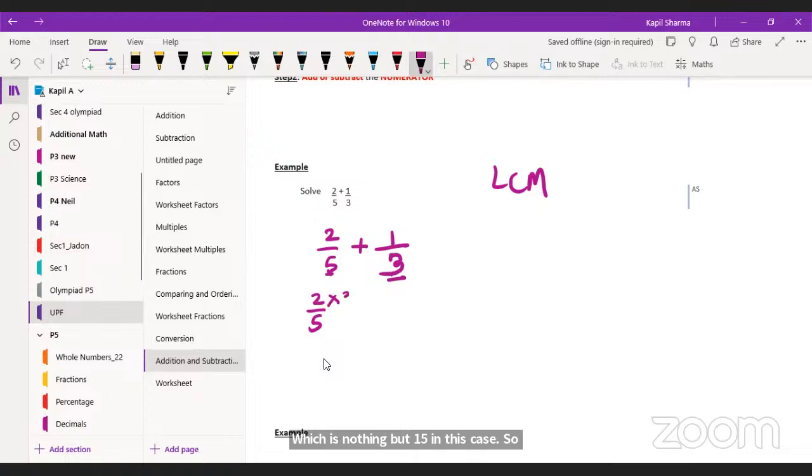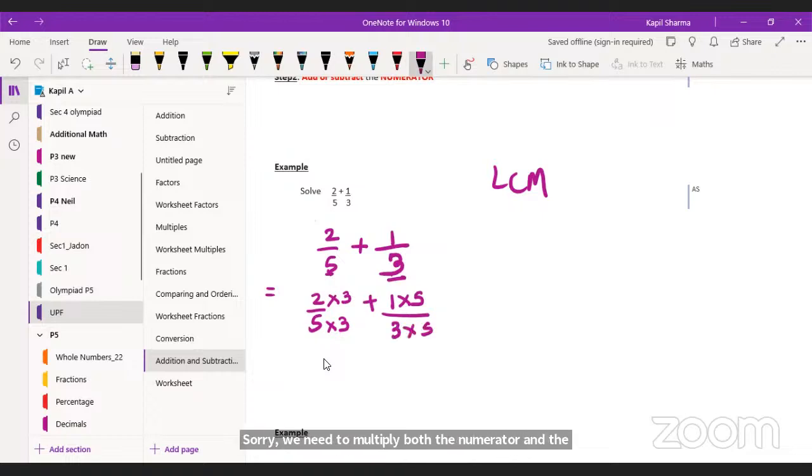So we'll multiply both the numerator and denominator of the first fraction by 3, okay, and to get 15 in the second fraction, we need to multiply both the numerator and denominator by 5.